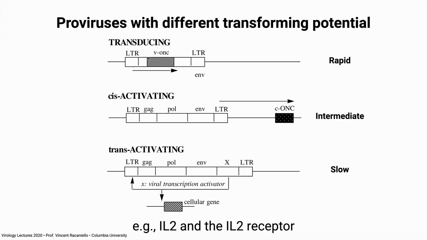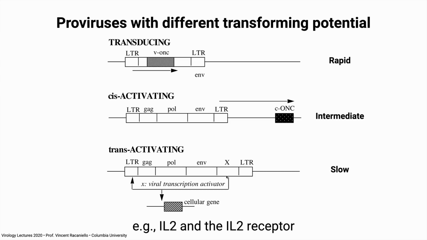So we have transducing, rapidly transforming retroviruses like Rous sarcoma. They've picked up an oncogene. We have the intermediate months like ALV, cis-acting, where the provirus integrates next to an oncogene and the right-hand LTR turns it on. That's one mechanism. And then we have the slow transforming, where there's no oncogene, there's no integration next to an oncogene, but rather the virus encodes a transcriptional activator.